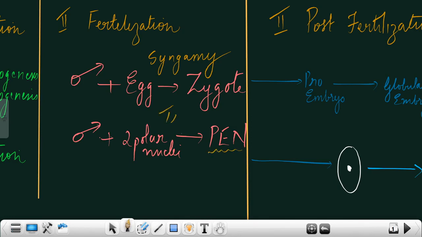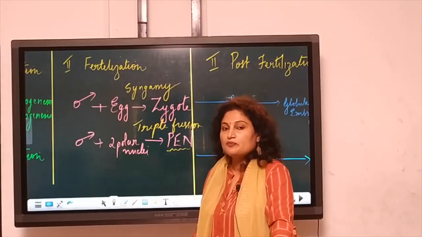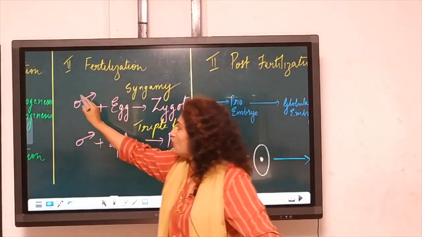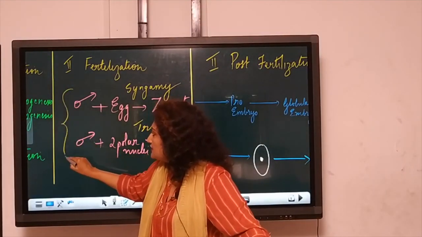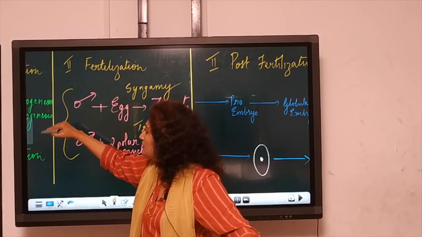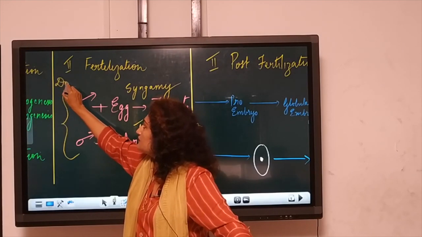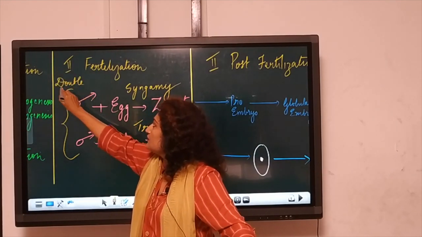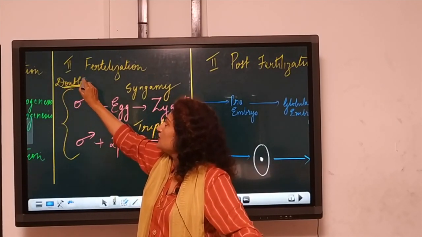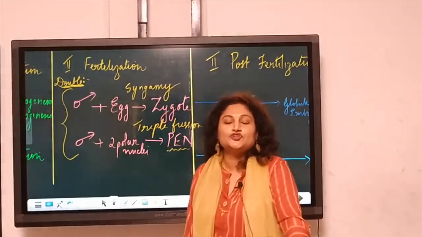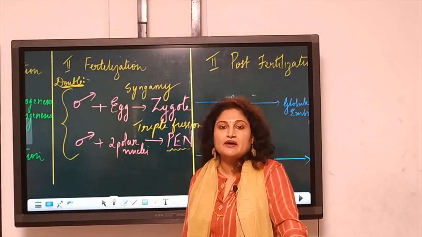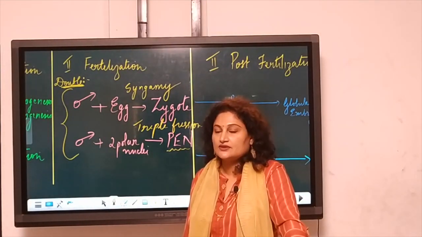This process is called triple fusion. You have all learnt this in the 10th standard. Because it involves two fertilizations, this process is called double fertilization. And double fertilization is found only in angiosperms, that is, flower bearing plants.